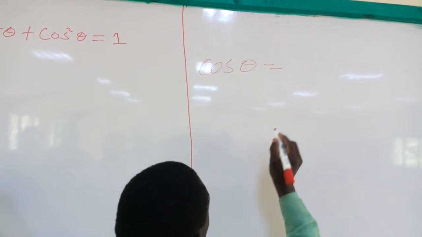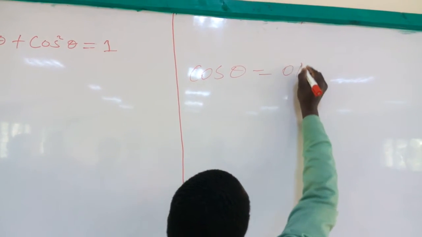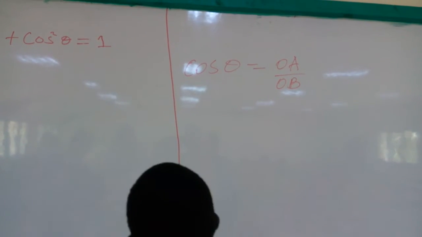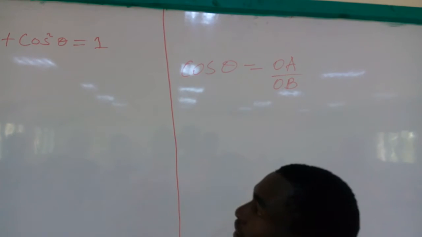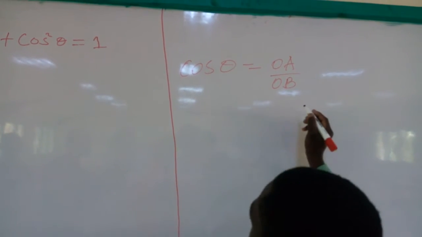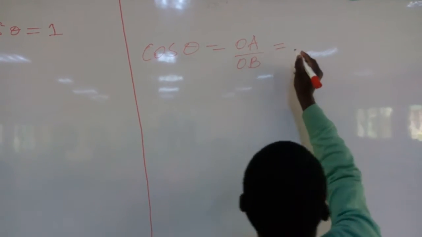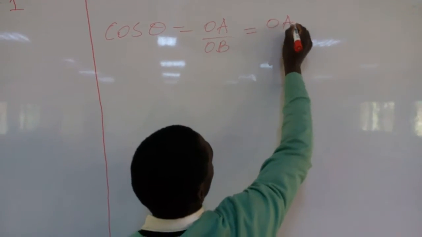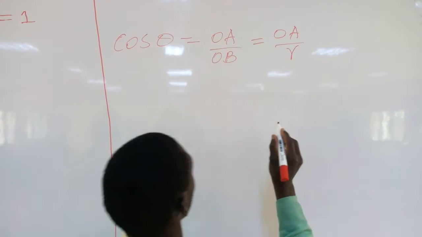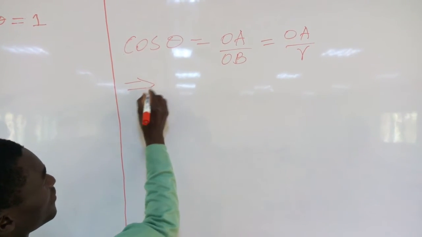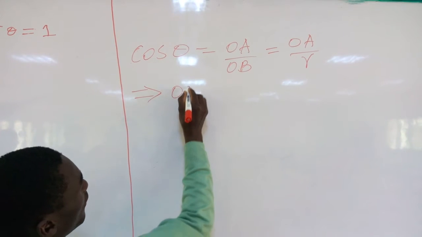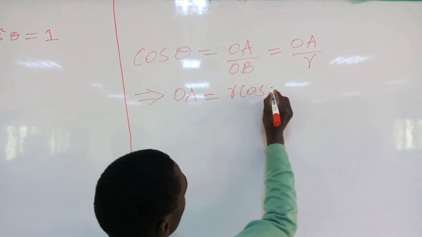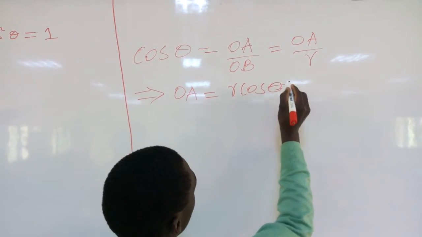From our diagram, our adjacent is OA over hypotenuse OB. Recall that OB is equal to R units. Therefore, we are going to replace OB with R, and this implies that OA is equal to R cosine of theta.